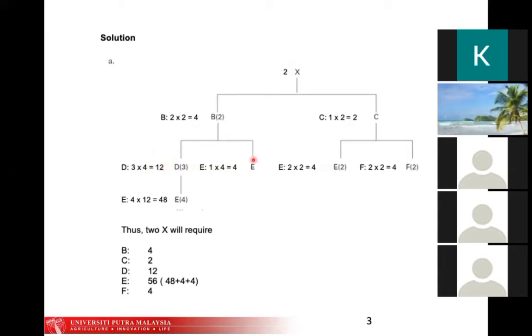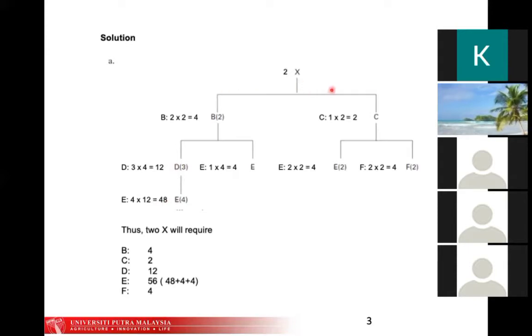And for E, 2B requires 1E. 1E times 4, where 4 is from B, equals 4. And 3D requires 4E. 4E times 12, where 12 is from D, equals 48.